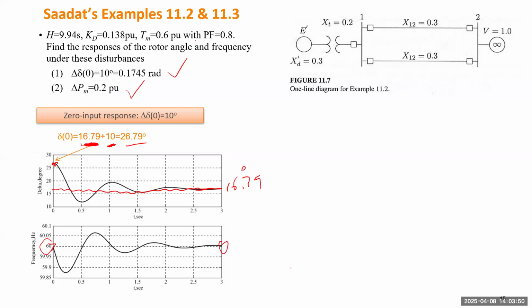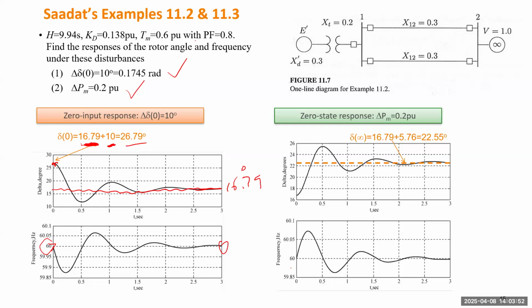That's the zero input response. For the zero state response, it assumed the mechanical power increased by 0.2 per unit, like 20% of the base value. So angle and frequency both start from the original equilibrium point. But because you increase the input, you will create a new equilibrium point.